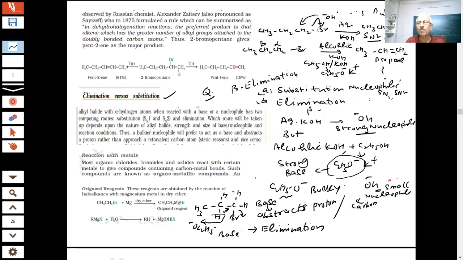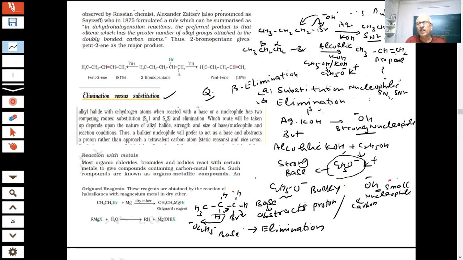Okay, then you write it down because this question was given in the paper. How will you express yourself in the exam? Write down that when aqueous KOH is used, OH acts as a nucleophile. Therefore, a nucleophilic substitution reaction takes place, and the product is alcohol.